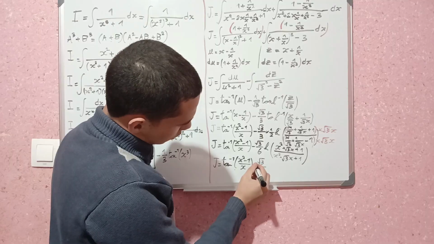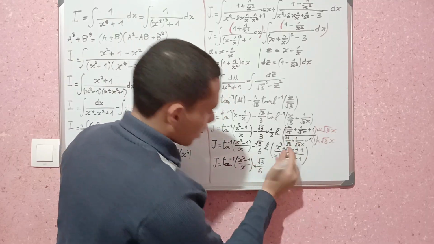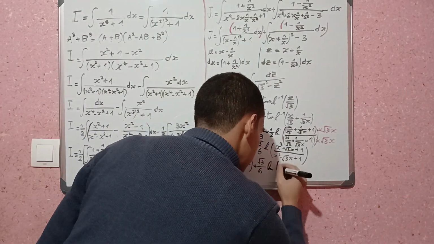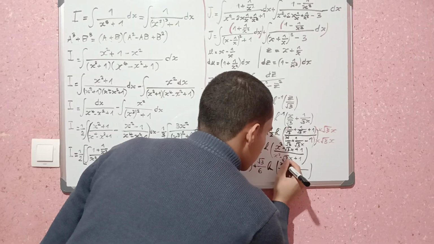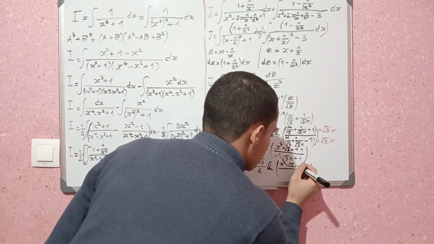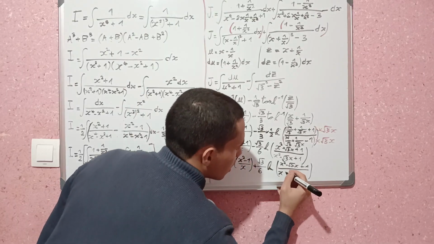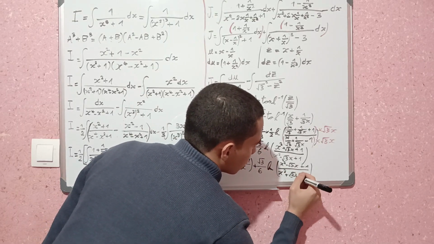Here we can use the minus to flip the logarithm or the fraction order. So we have the x squared minus square root of 3x plus 1, like that. And here x squared plus square root of 3x plus 1.